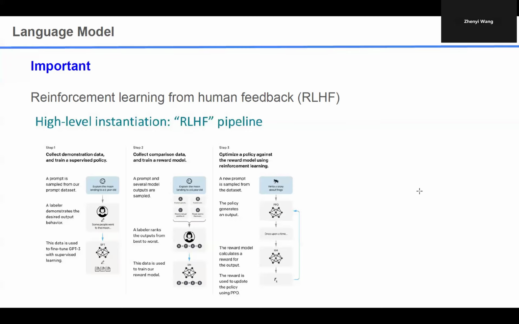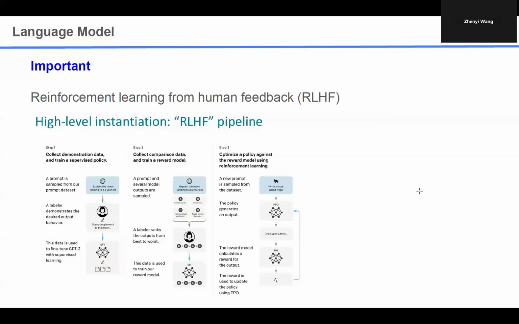Second, based on this supervised fine-tuned policy model, we will collect human preference data to improve the model's fine-tuning capabilities to align with humans' intention. The third step is we will train policy models with reinforcement learning based on the reward model learned during the second step.